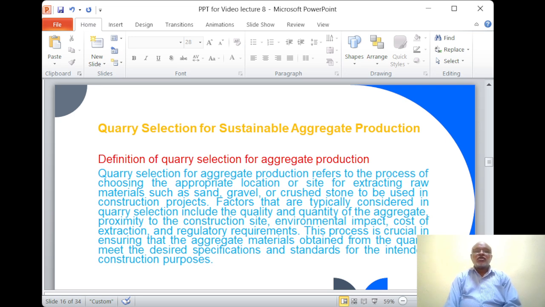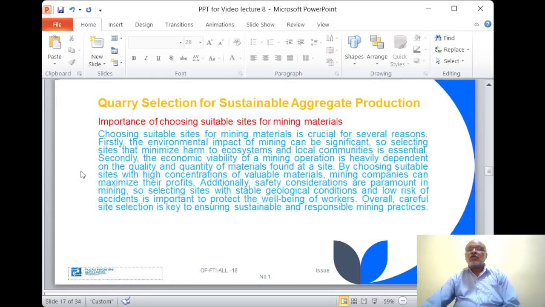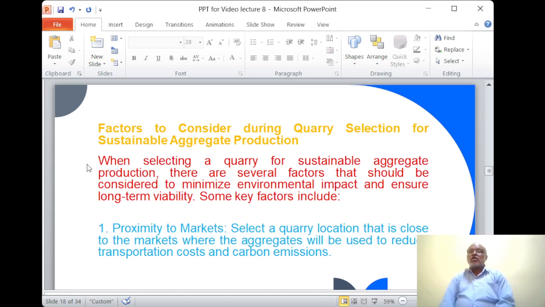Proper quarry selection is the foundation for building a strong and sustainable supply chain for construction materials. Now, let us see the factors to be considered during quarry selection for sustainable aggregate production.